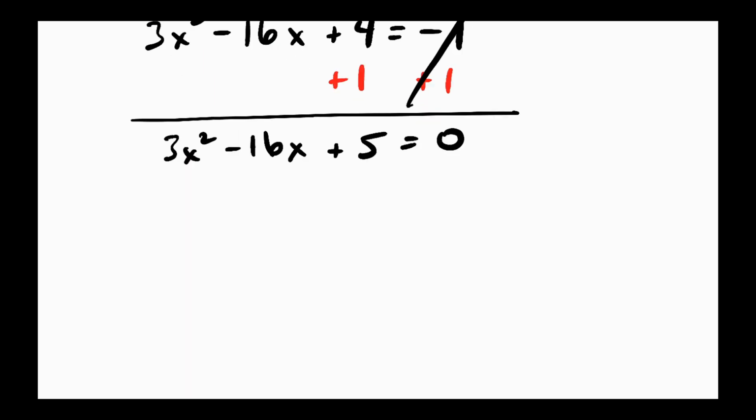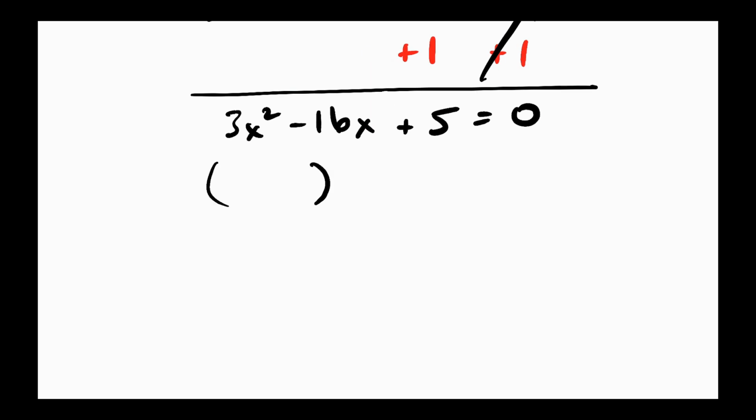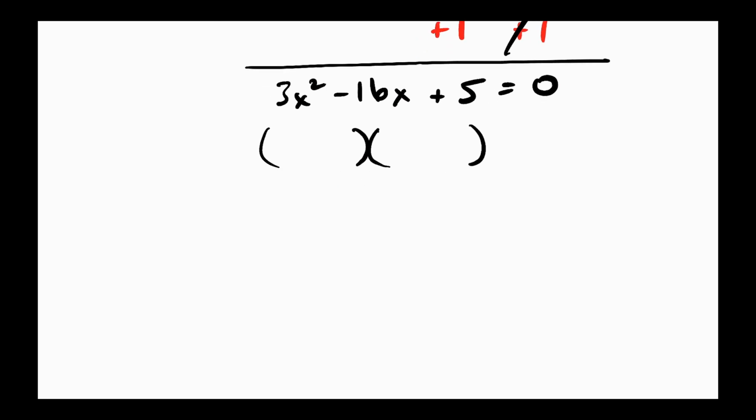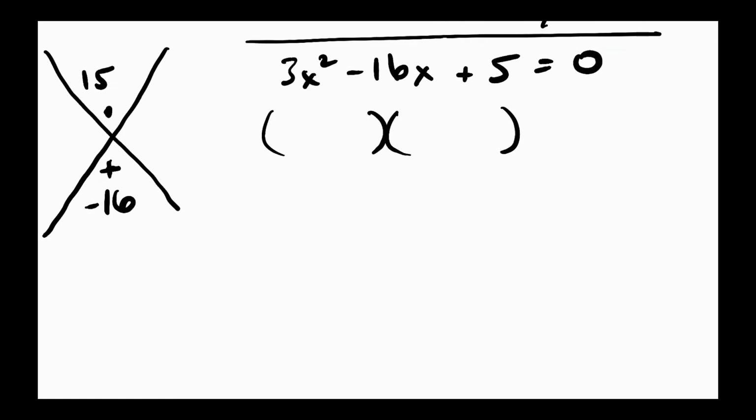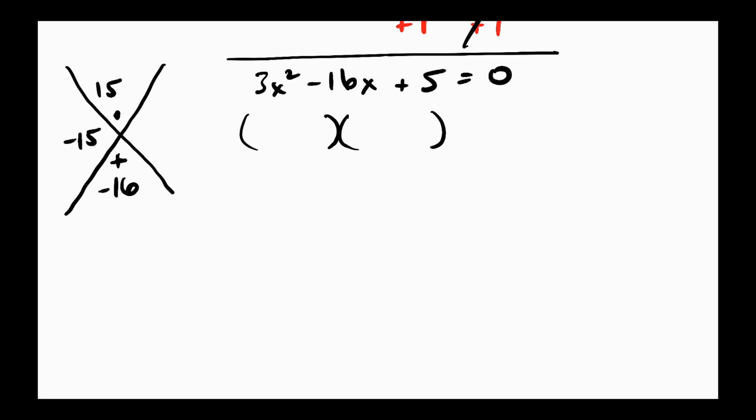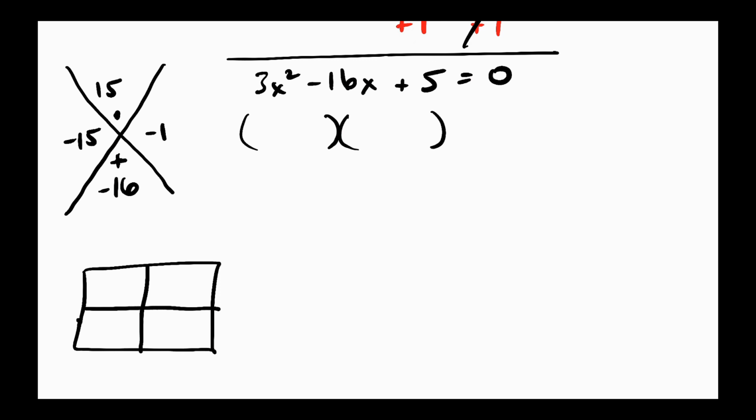Okay, then I have to factor. Let's see here. The two numbers that multiply to be 15 and add to be negative 16 are negative 15 and negative 1. When I factor, I get 3x squared minus 15x minus 1x plus 5.